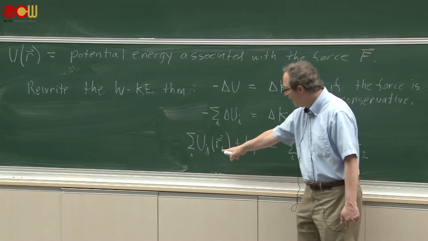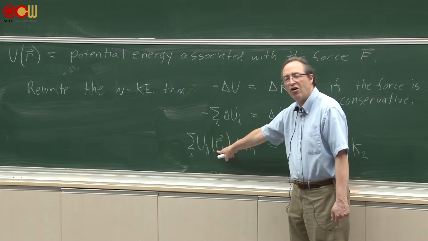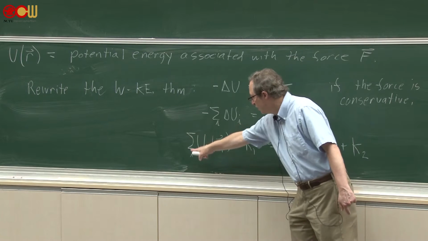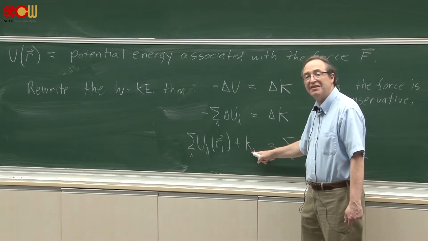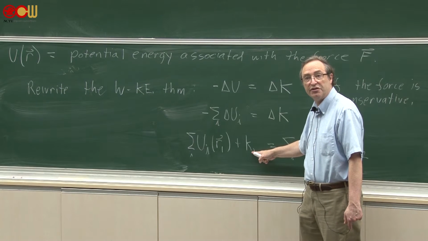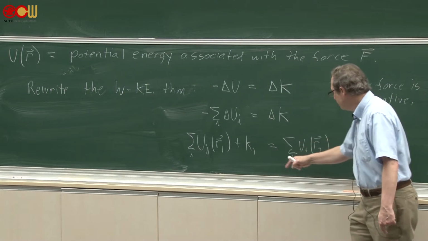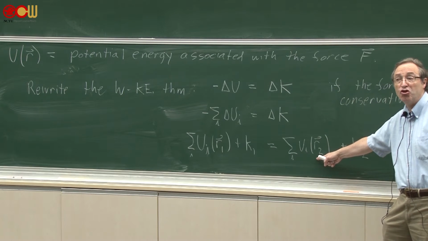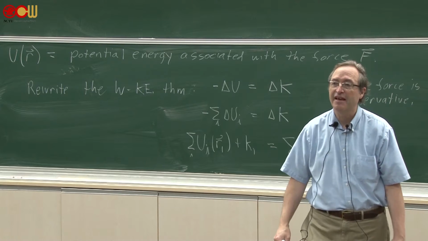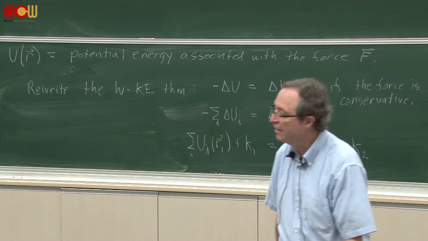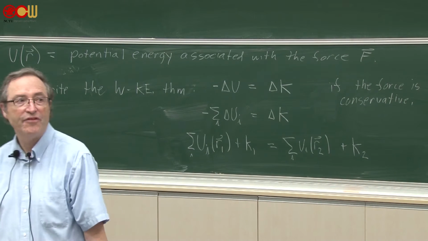So we have the potential energy at R1 for all the forces. We sum them up, plus the kinetic energy when the particle is there, is equal to the potential energy at R2 plus the kinetic energy at the second location. All right? So we have this result.